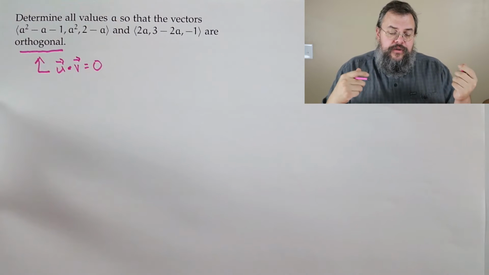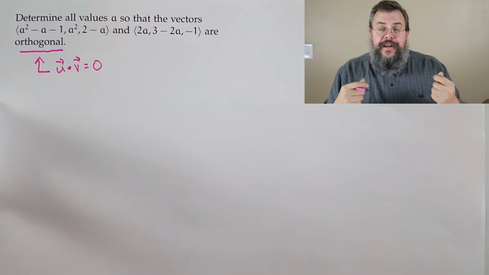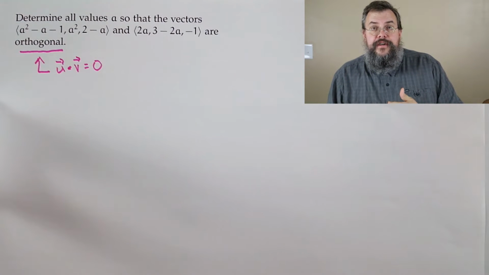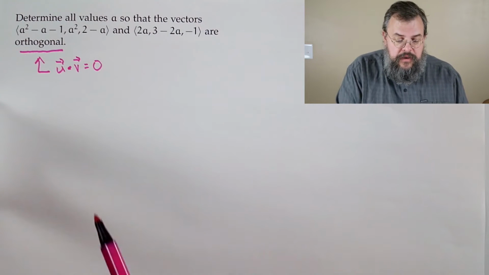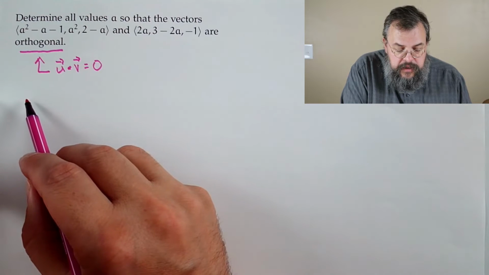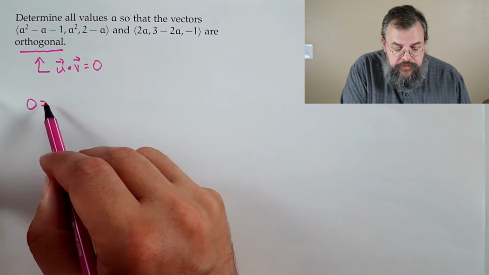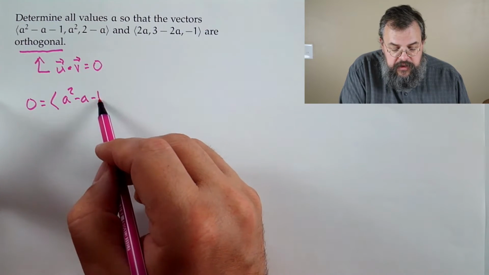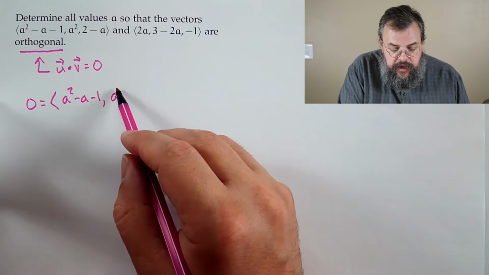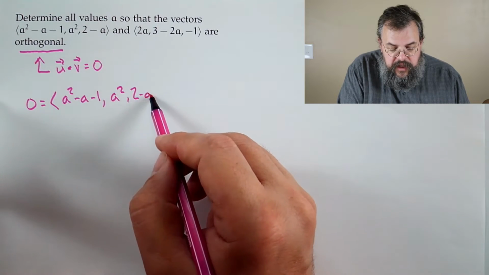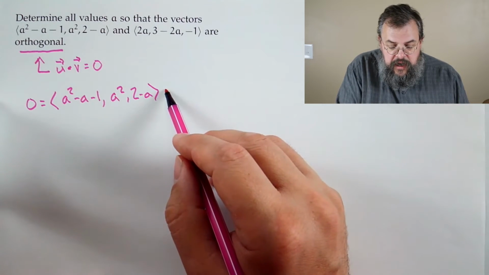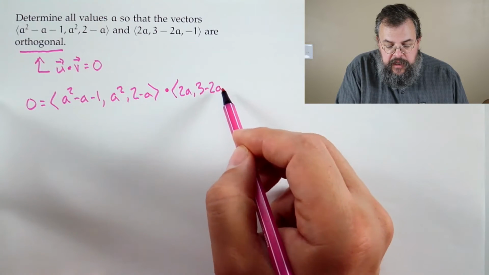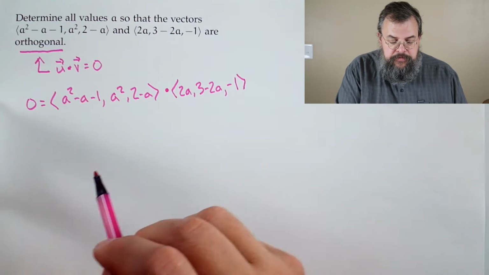So if I want these two vectors to be orthogonal, I just need to take their dot product and set it equal to 0. So that's what we should do. So we're going to say, well, we need 0 equal to (a squared minus a minus 1, a squared, 2 minus a) dot (2a, 3 minus 2a, -1).